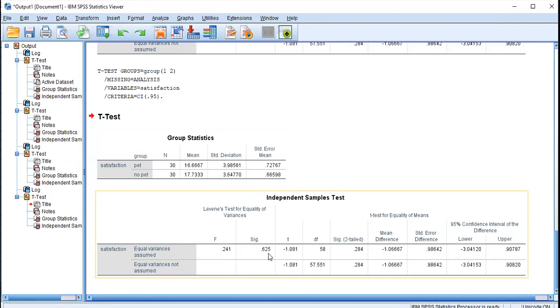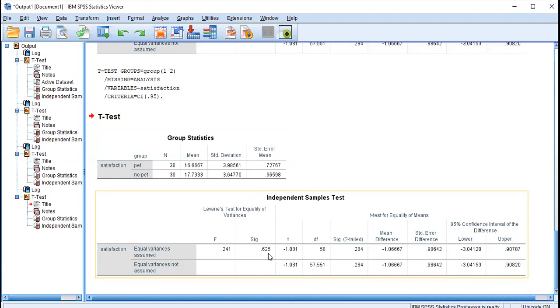Had this p-value been 0.05 or less, we would have concluded that there is a difference in the population variances, but not in this case because the value is much above 0.05.